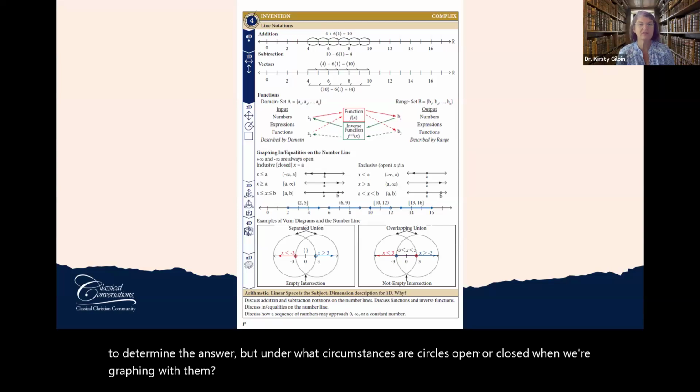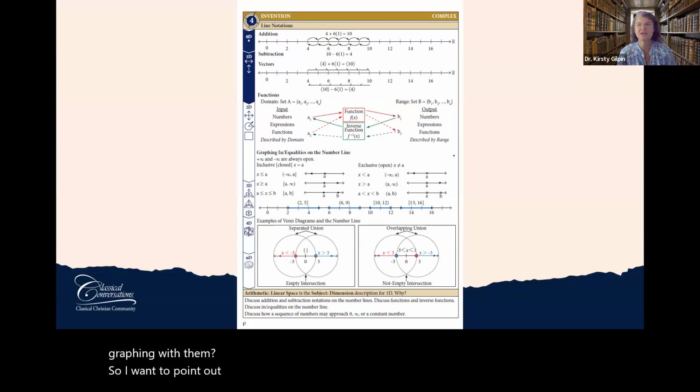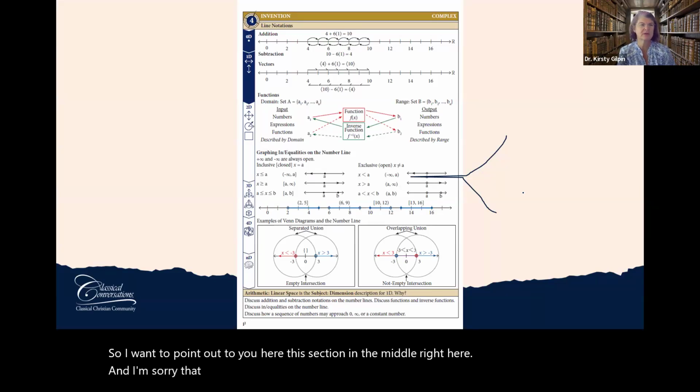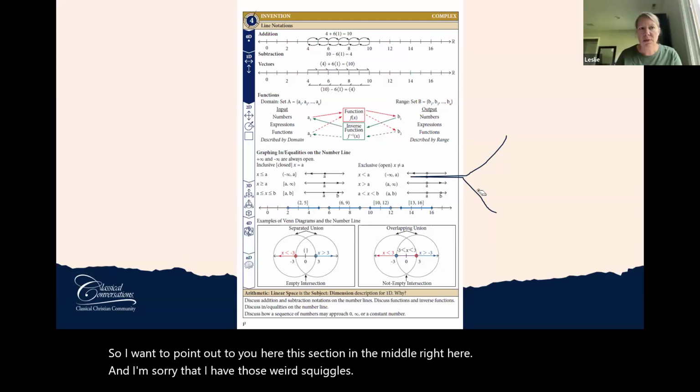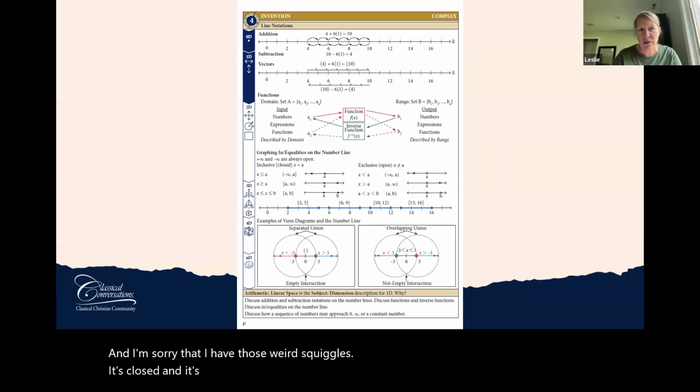So I want to point out to you here, this section in the middle right here. I'm sorry that I have those weird squiggles. It's closed if it's also equal to that point and includes that point.